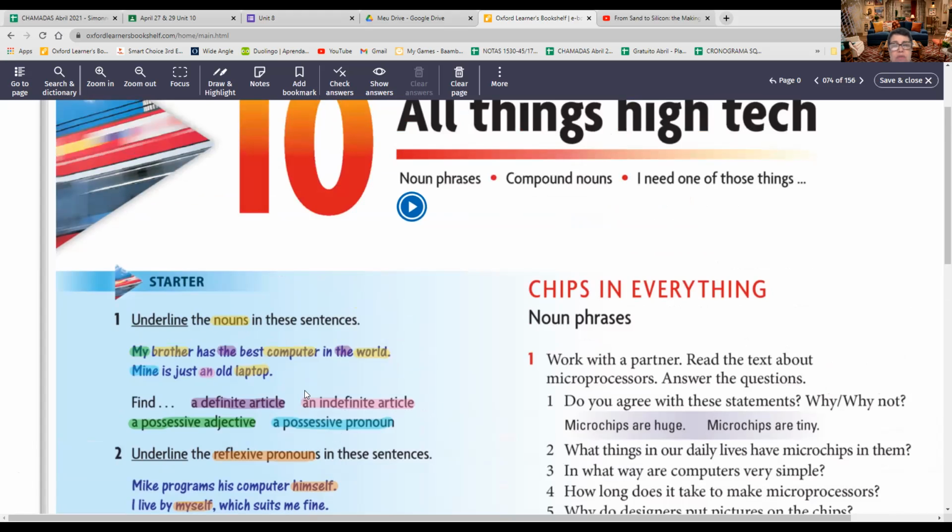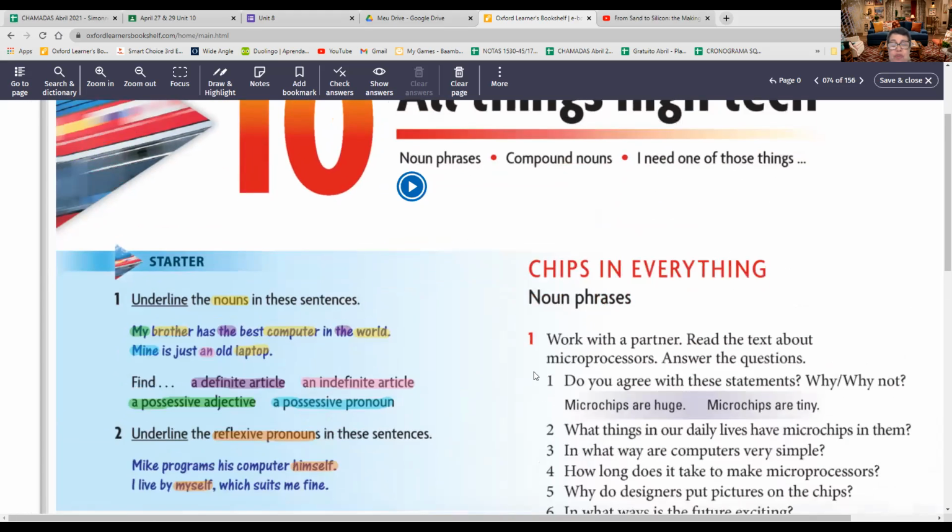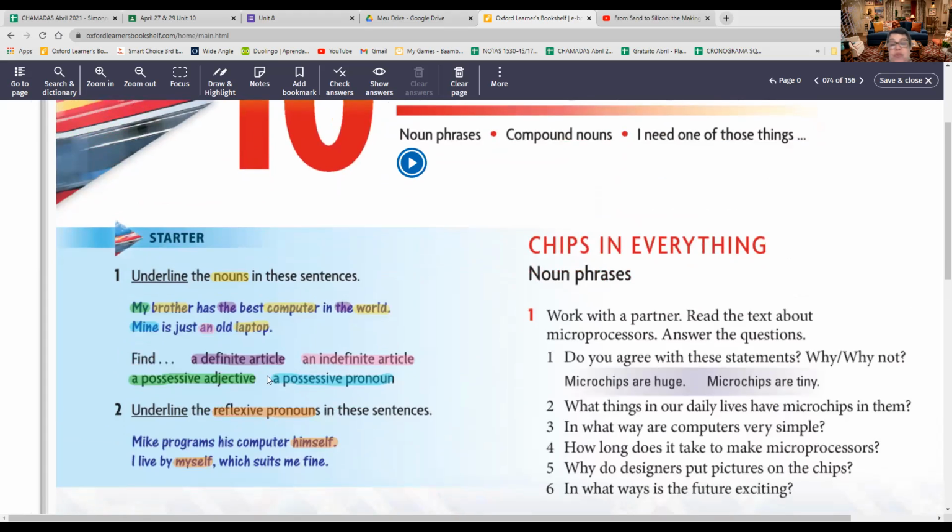Why are we looking at all these parts of speech? Because the topic of Unit 10 is about noun phrases. So what are noun phrases? Noun phrases, Bruna, are phrases that have a noun, of course, and other words that exist around the noun. So it makes a phrase. For example, in the world. This is a noun phrase because I have a noun. Okay, the best computer.